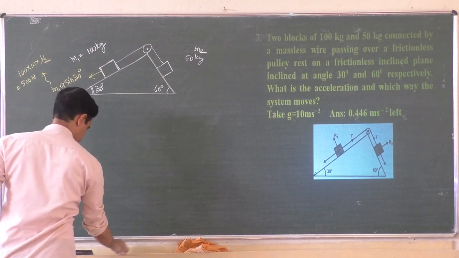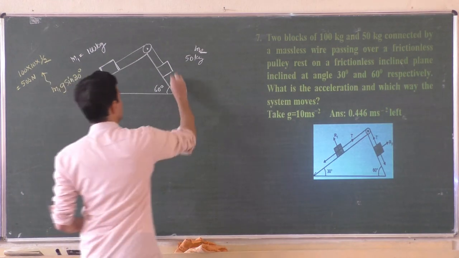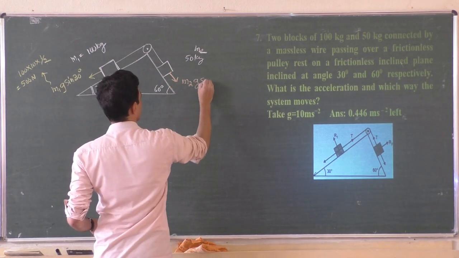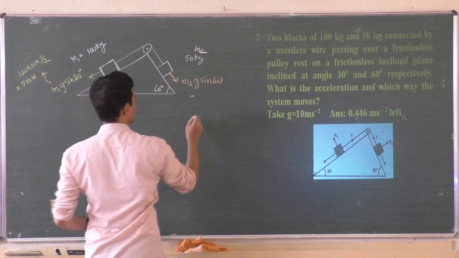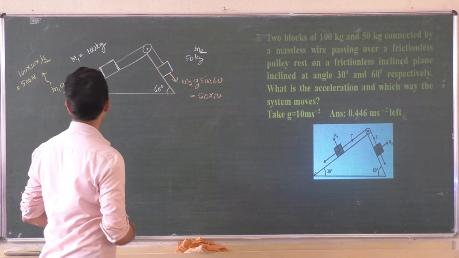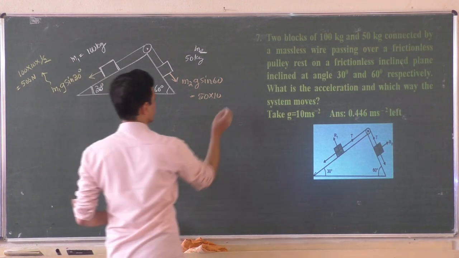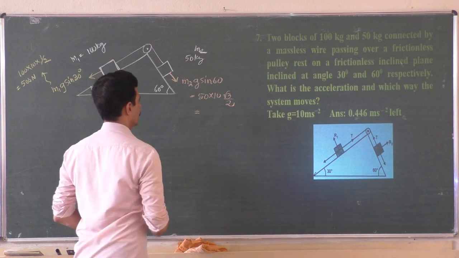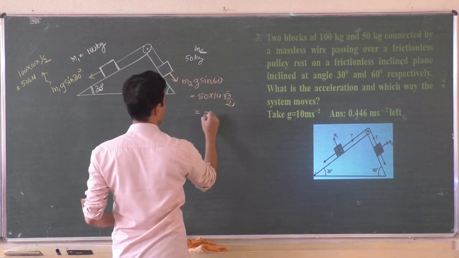The other one here is M2g sine 60. M2 is 50, G is 10. Sine 60 is root 3 by 2, so that is 250 root 3.